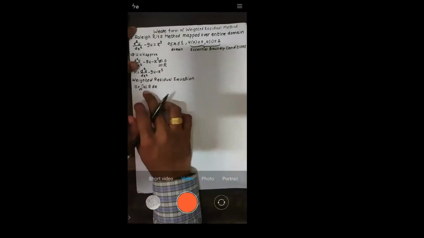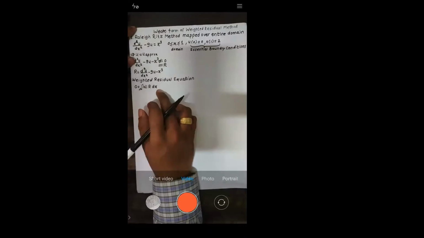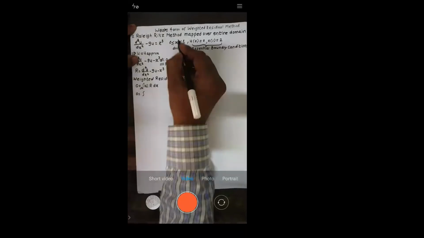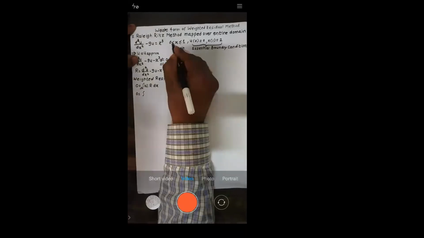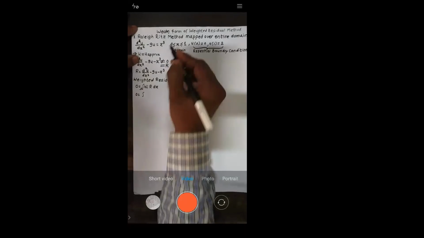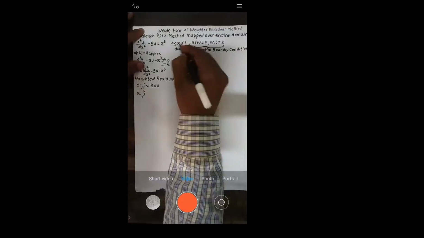Now I will just put this value. 0 is equal to the integration. What is the domain here? What is the range of x you have? It is 0 to 1. Why is it 0 to 1? This omega is nothing but the domain, and that is a range.